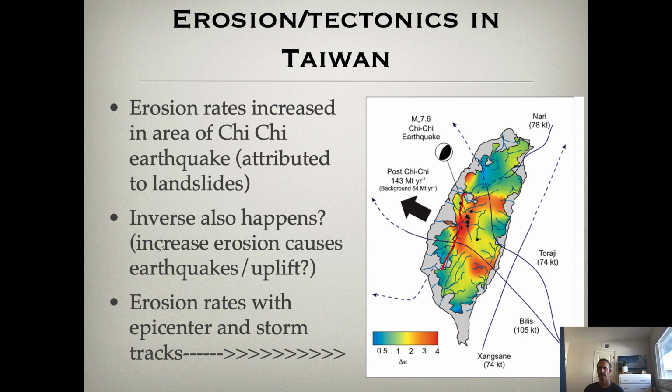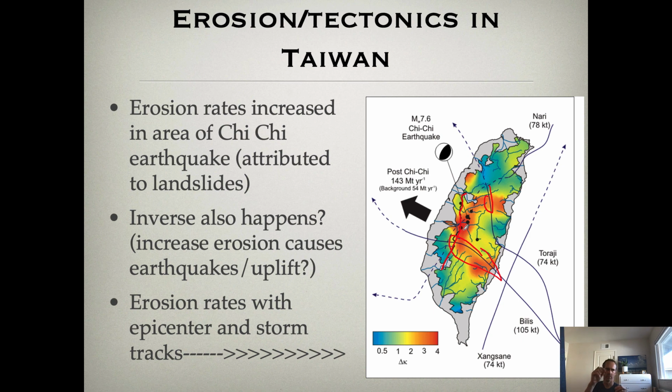The increased erosion that occurs from typhoons coming through seems to have a correlation with earthquake activity. So what they're doing in this figure is mapping 2 recent typhoons that came through and the increased erosion that occurred along the tracks of these typhoons.